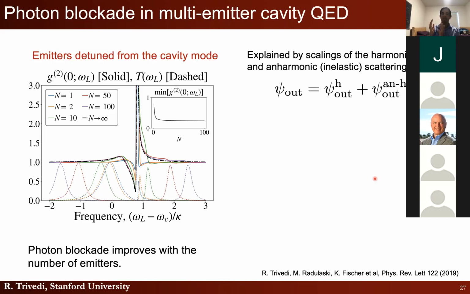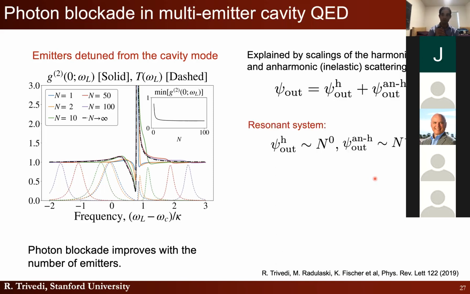One term would be a harmonic contribution, corresponding to a system that's completely harmonic. So if we ignore the anharmonicity introduced by the emitter, we would have a completely harmonic wave function. And then you have a contribution which captures the effect of anharmonicity on the two-photon scattering process. And we could study how these different contributions scale with the number of emitters in our system.